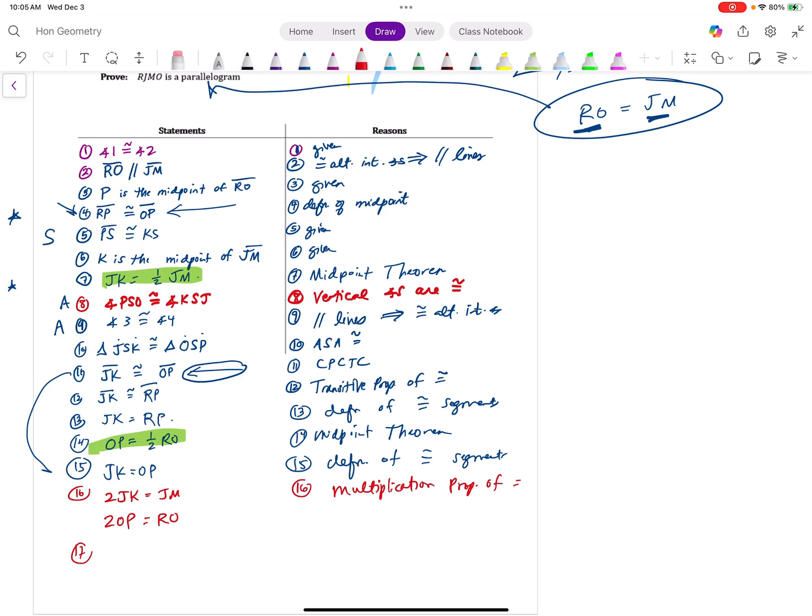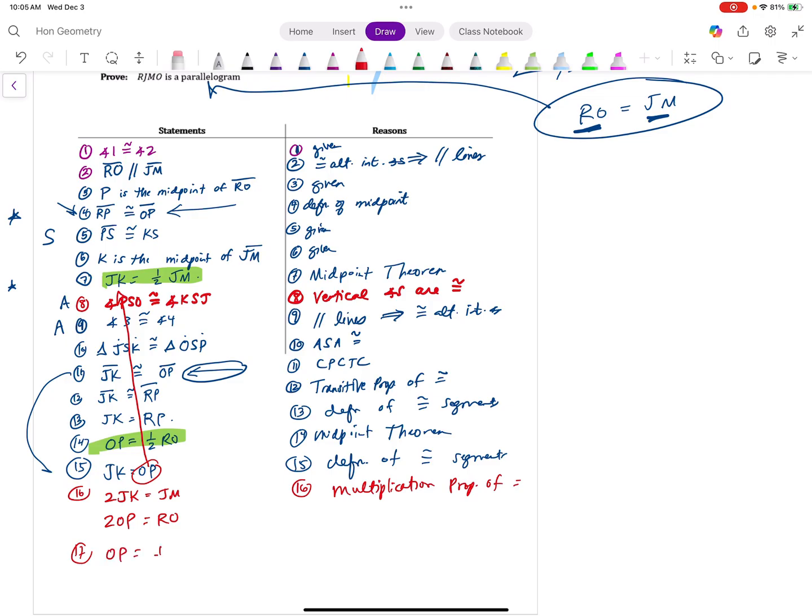No, that's just going to end up with JK equals JK. That's not helpful. OP. What if I did that there? And maybe I didn't even need this step. Let's see.